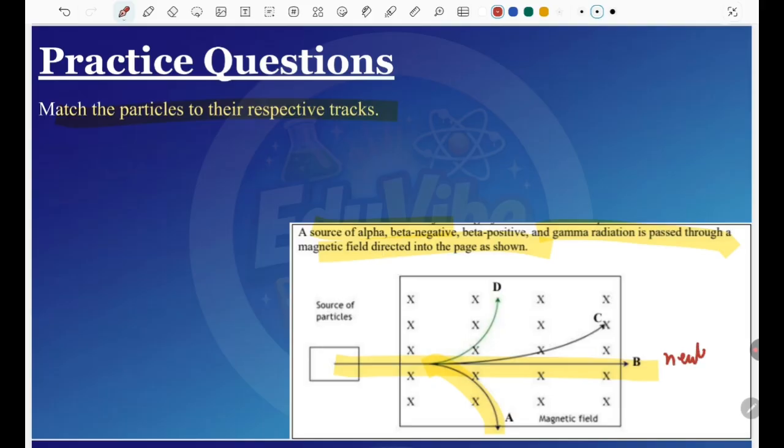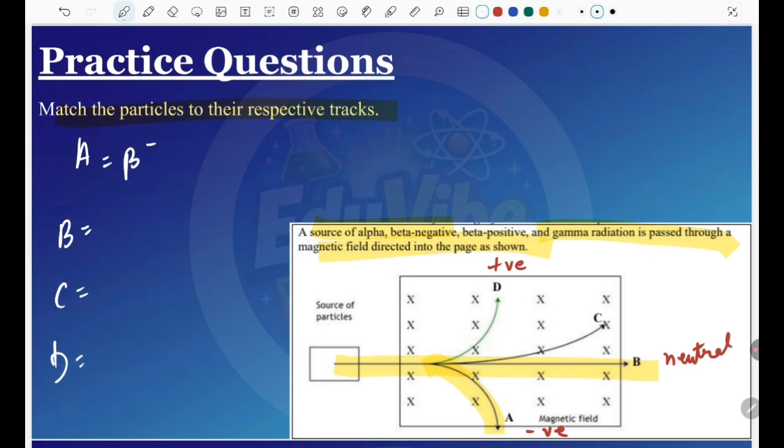You have to know this. The negative one is always down. So if A goes down, it is negative, so A should be the beta negative.